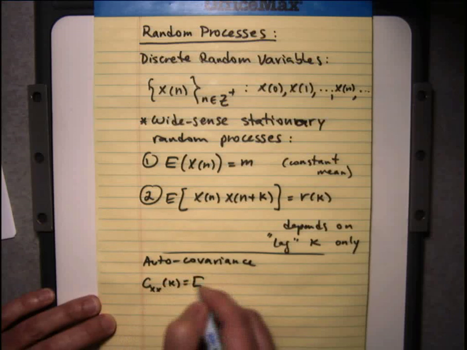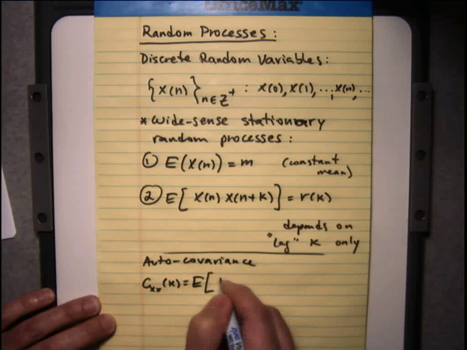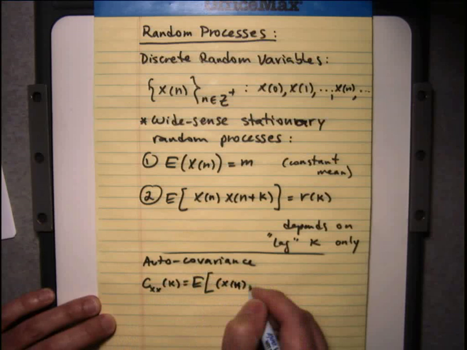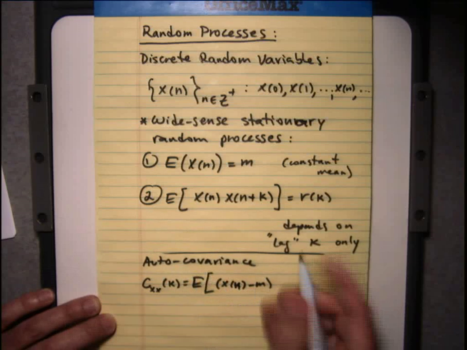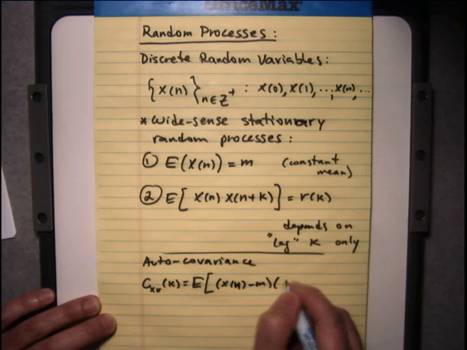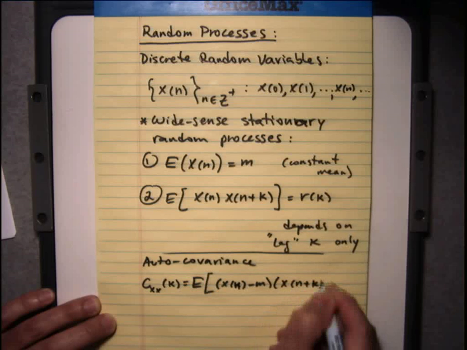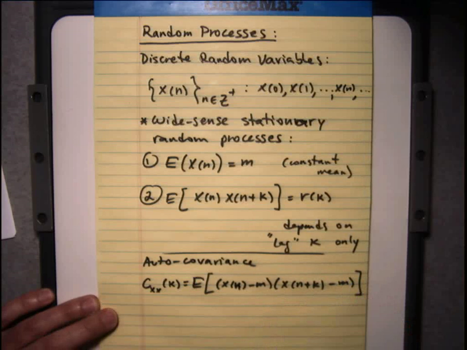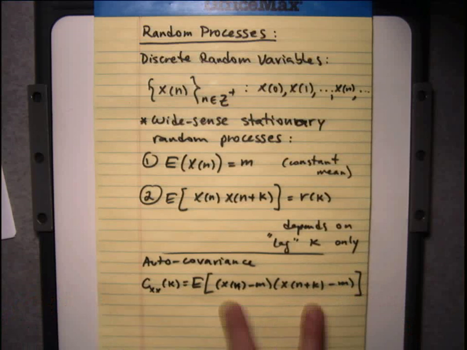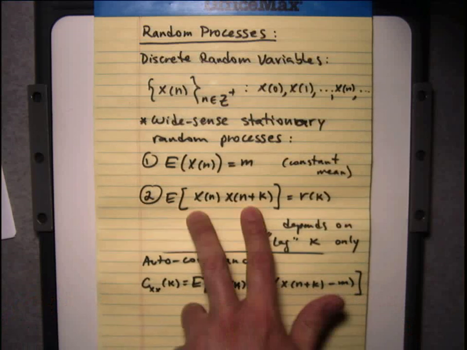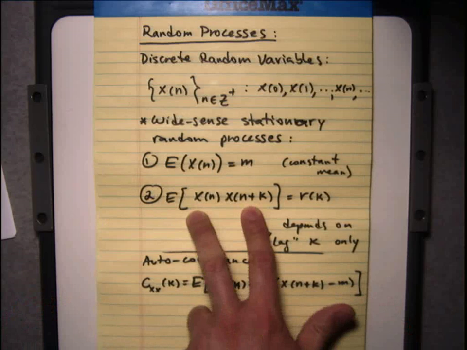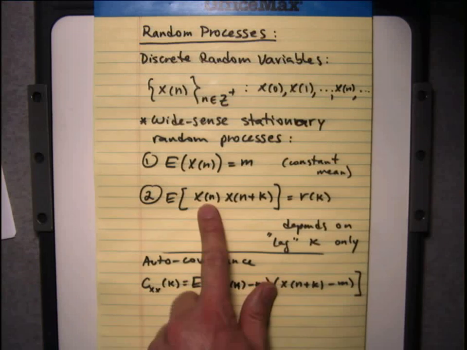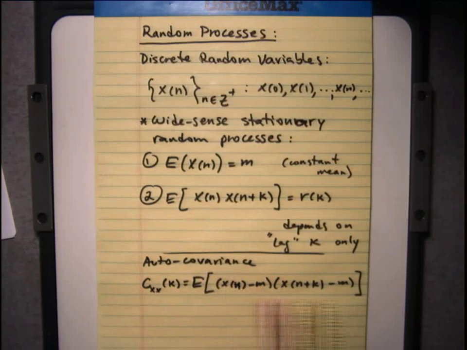This is the expected value of x of n minus m, and this m is the constant mean that we talked about, times x of n plus k minus m. So this is very similar to what you saw up here, except that here the mean is not subtracted from x of n. Here the mean is subtracted from x of n.